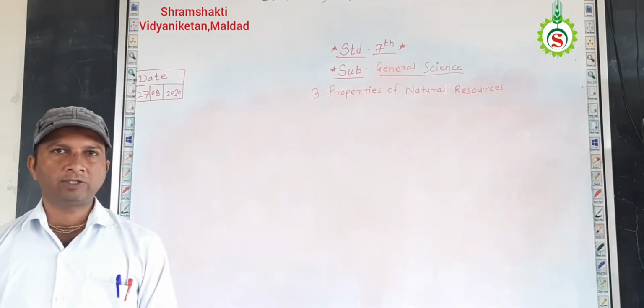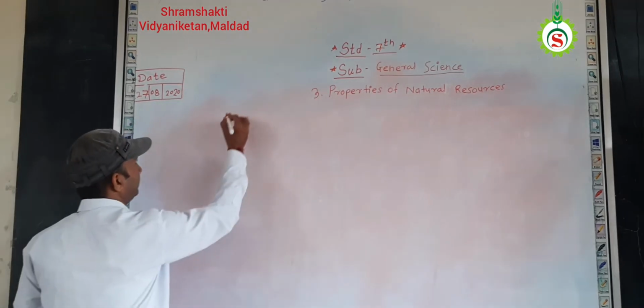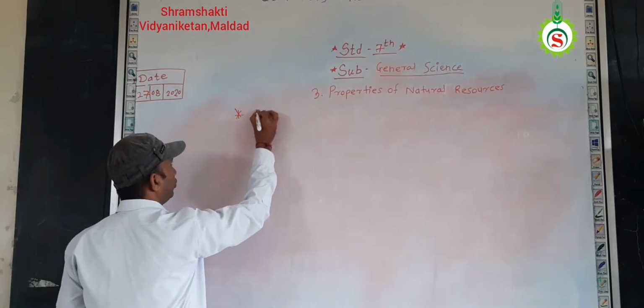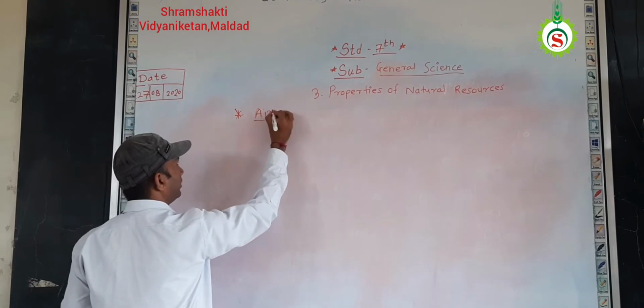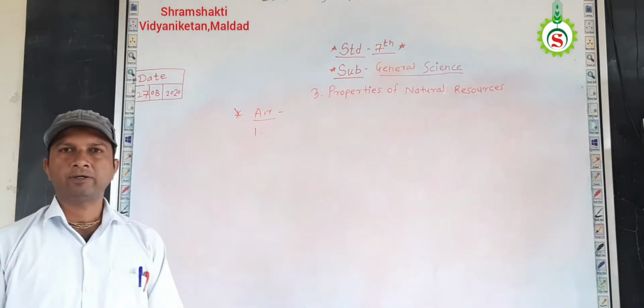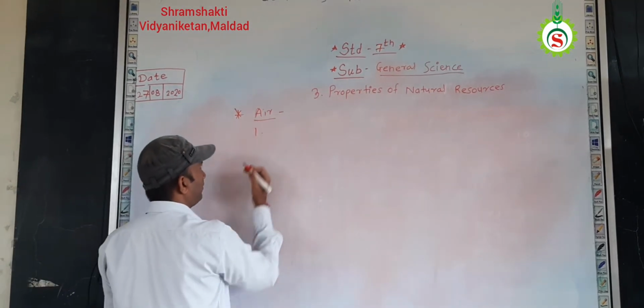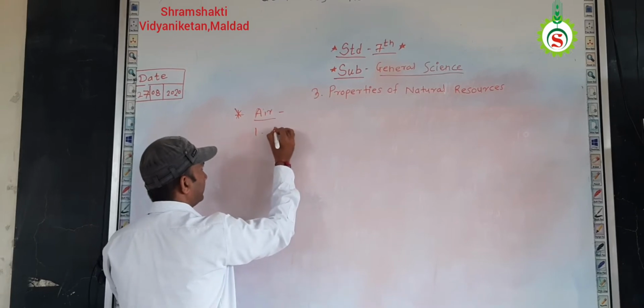First we have learned the property of air. During the last lecture, we saw two important properties of air. The first one is that air has mass and weight, as other objects also have mass and weight.